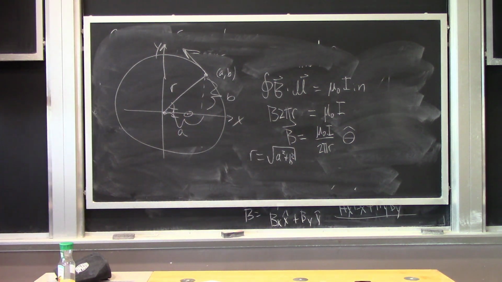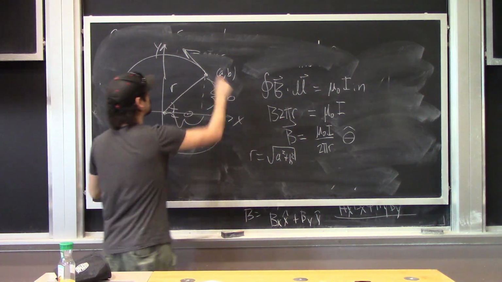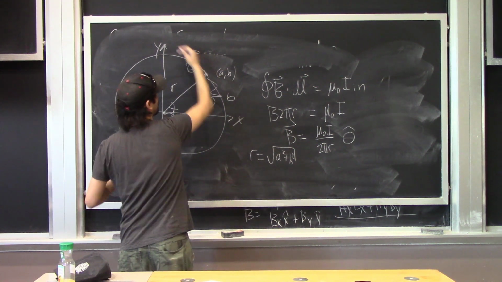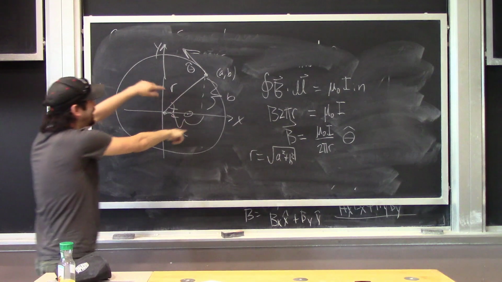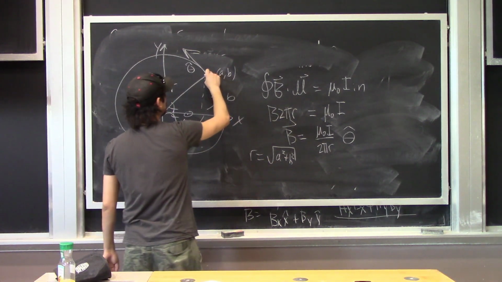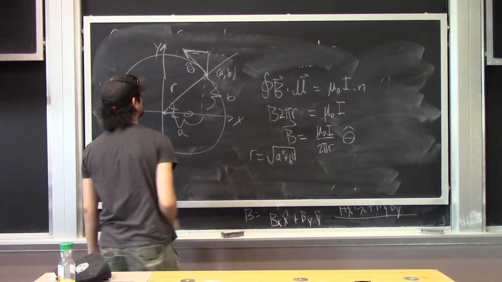Okay. Now what we want to do is figure out what this direction actually is. This is what I'm calling theta hat. It goes this way, but we want it in x and y components. So what I can do here is extend this line out and make another triangle like this.